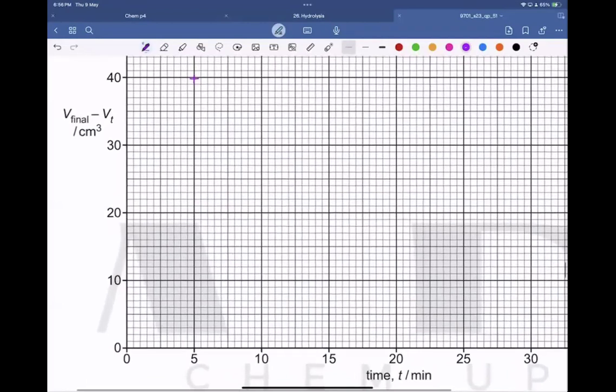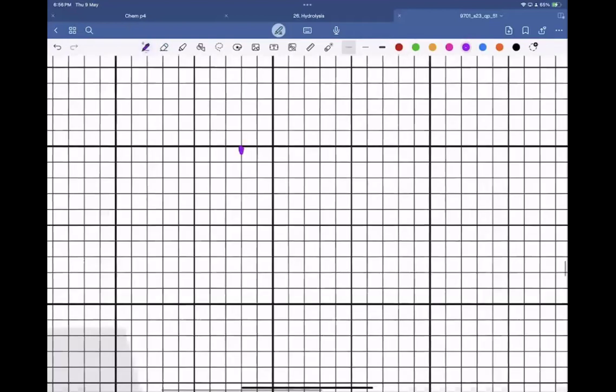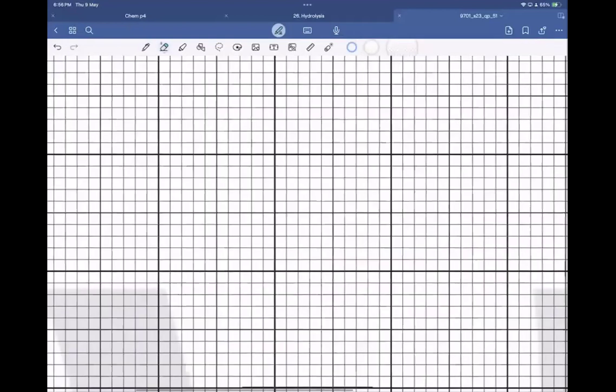So 9 is this one, and it's 30.2. It is like this.